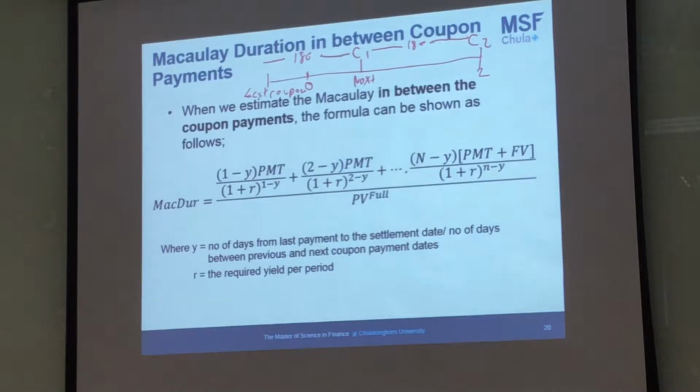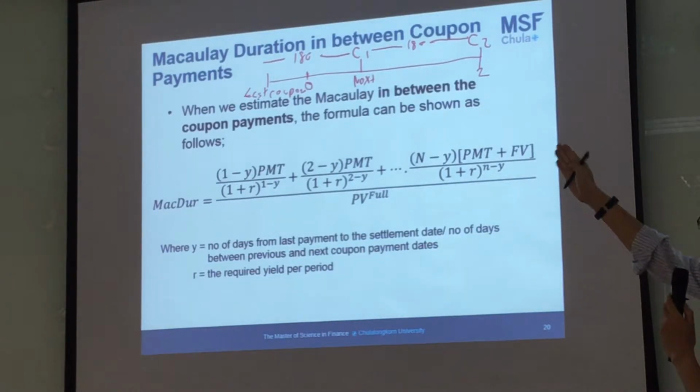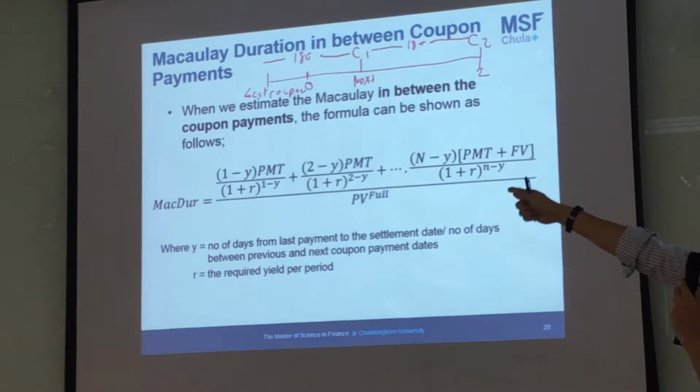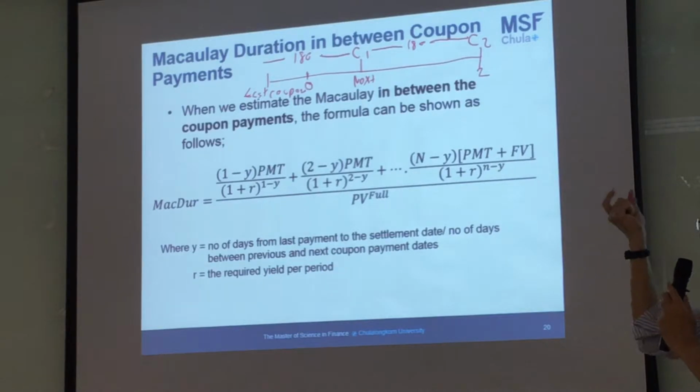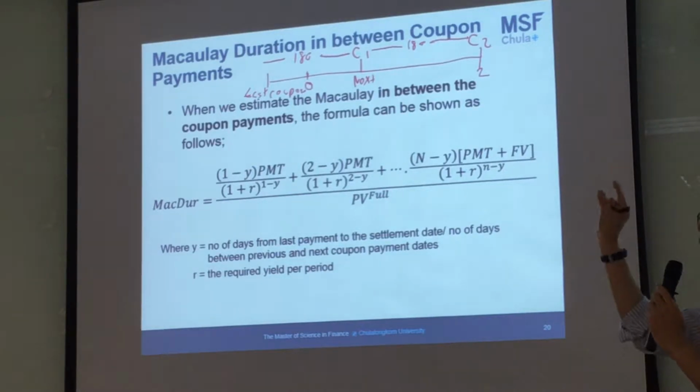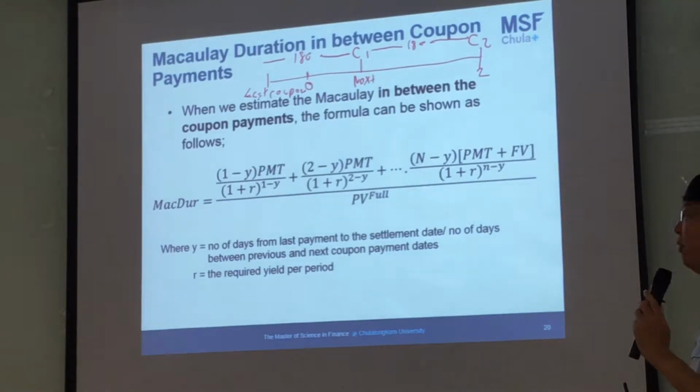In order to estimate the macro duration, we are at time 0. We look at the first coupon payment, which is the next one. So you can see that it's not equal to one period. It's just a fraction of one period.